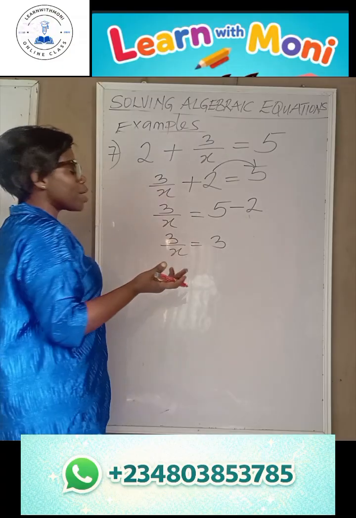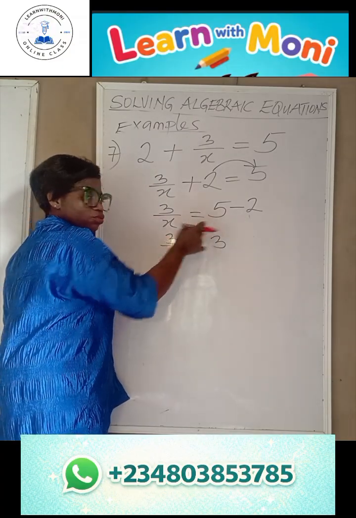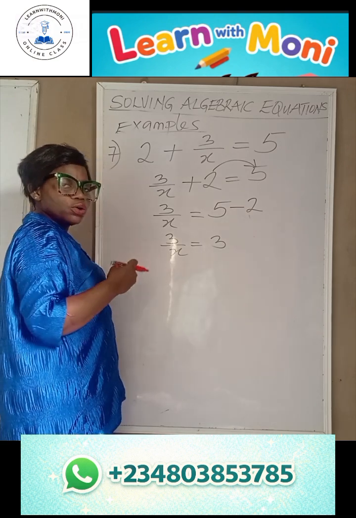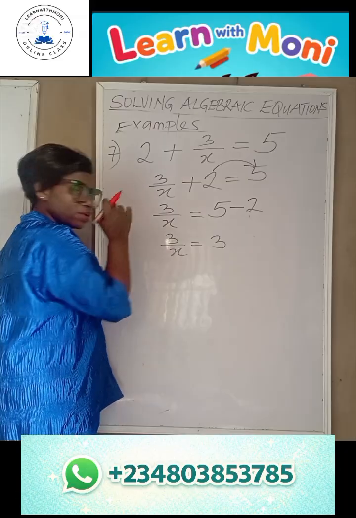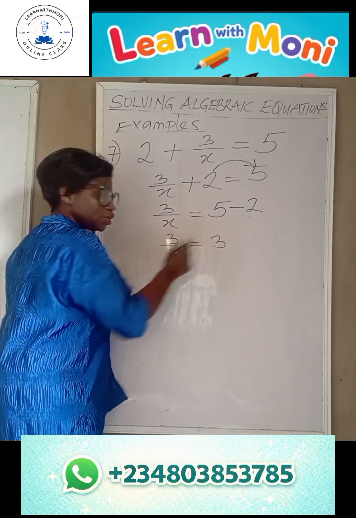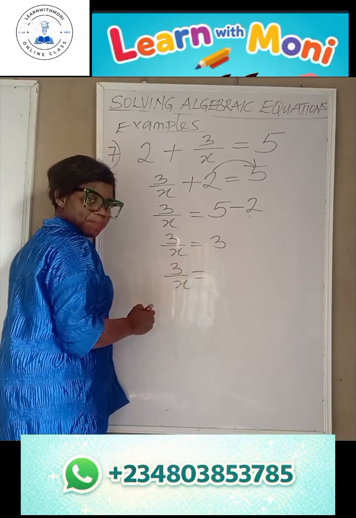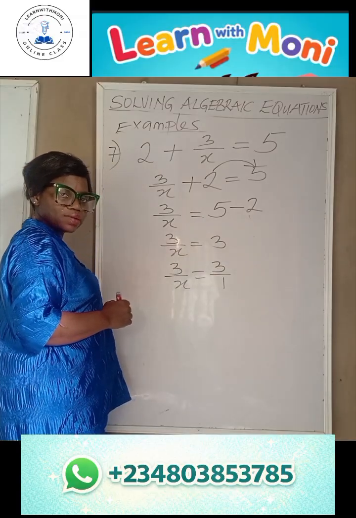Okay? We can quickly do a comparison here. 3 over x equals 3 over 1. We can say x equals 1. But for your foundation level, let us take it the gentle way. This is a whole number 3, and all whole numbers are over 1.